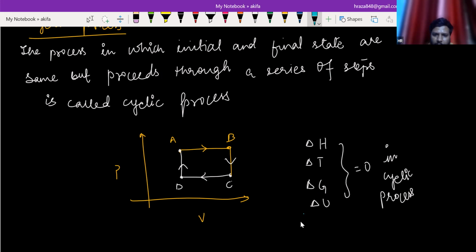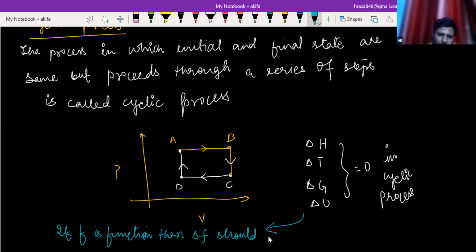If f is a state function, then delta f should be zero in cyclic process. And I have already told you that H, T, G, U, V are all state functions. That's why this will be zero. And delta S. Please write.